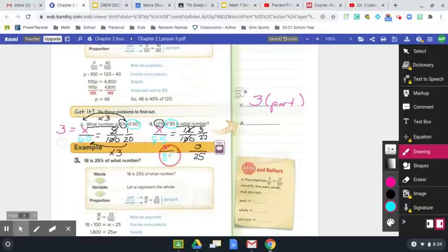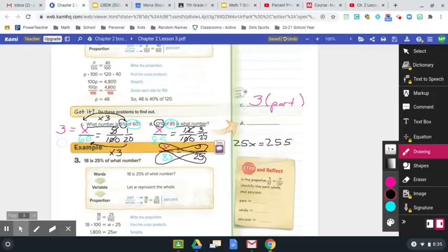So we can use cross products to solve this. You can always use cross products to solve. So I'm going to do 25 times x and get 25x, and I'm going to do 85 times 3, and if I do 85 times 3, I'm going to get 255.